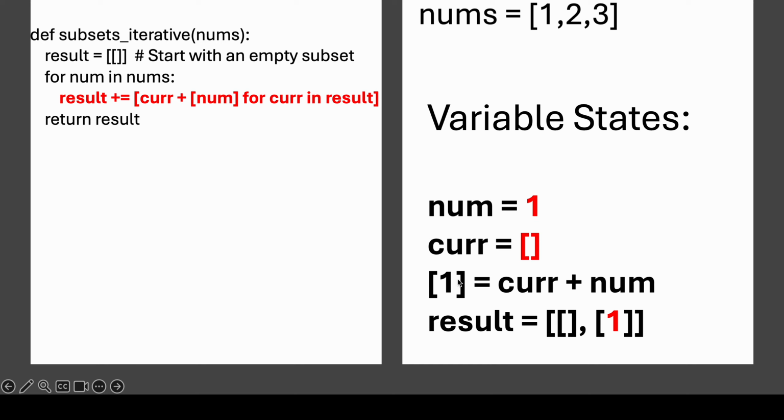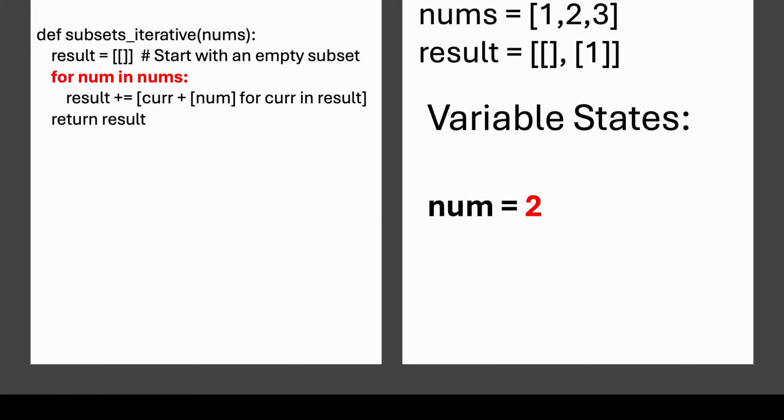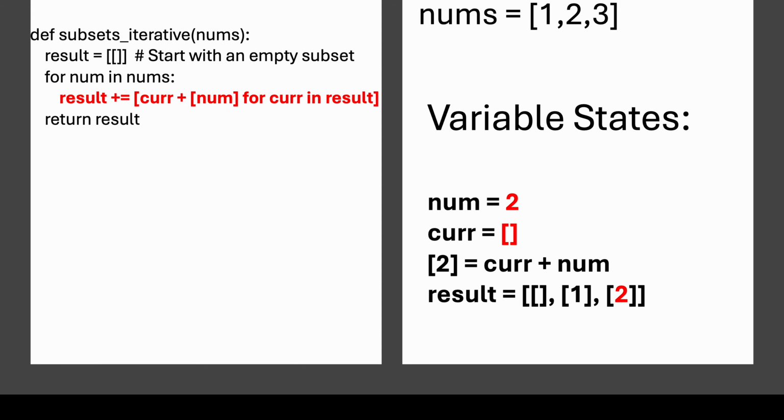So when we add them together, 1 plus the empty bracket is going to give us 1, and that's why we got that. Now we go back to the for loop. Now the same thing, 2 plus the empty will give you 2. And now, since we're going through the list, we're going to 1 plus 2, and 1 plus 2 will give us this once we combine it, which is we're putting it here.